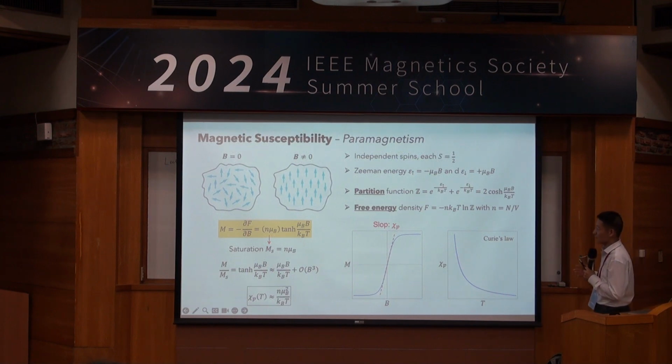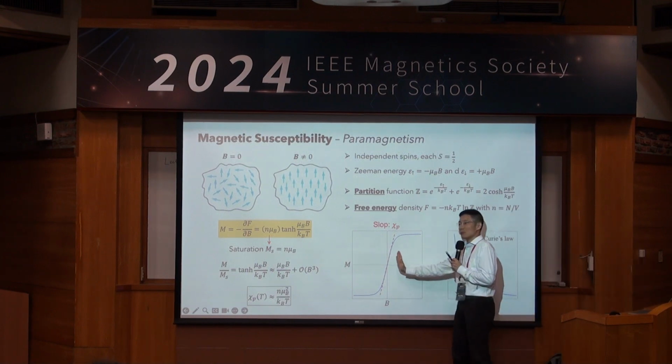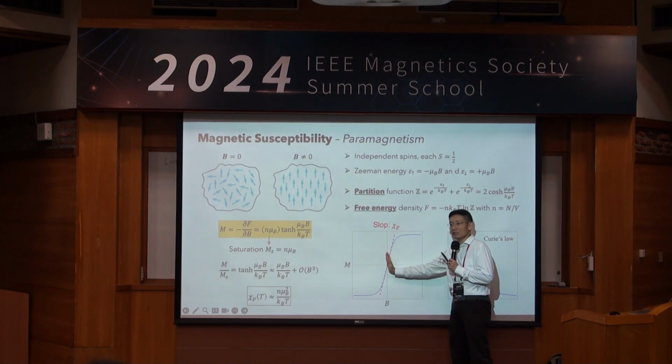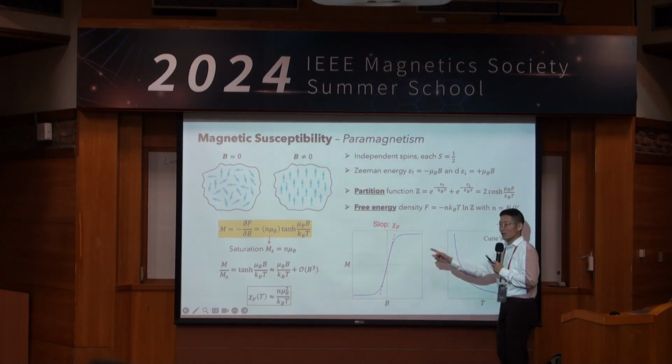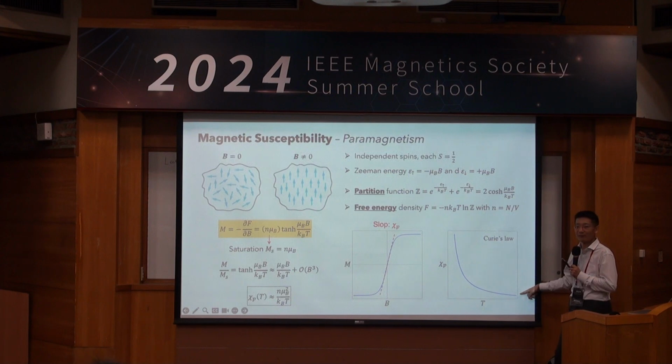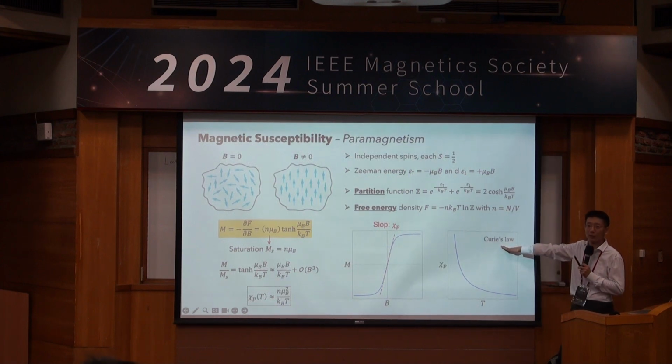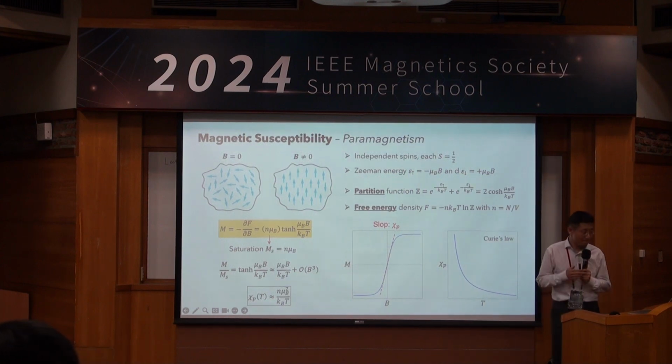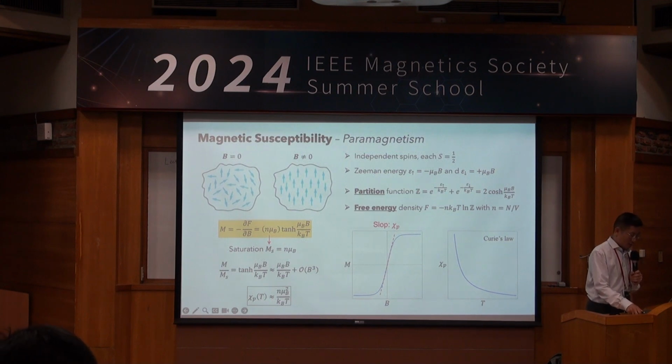Once again, the slope in the small field region decreases inversely as 1 over temperature, and this is known as Curie's law. So this is the way that we quantify the magnetic susceptibility.